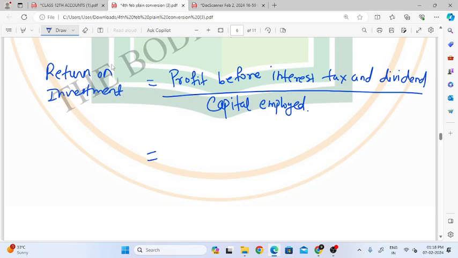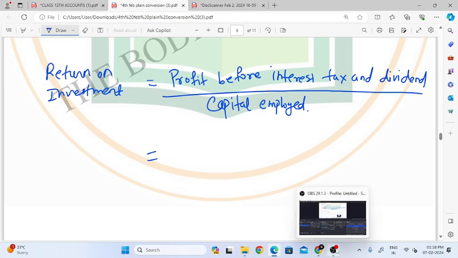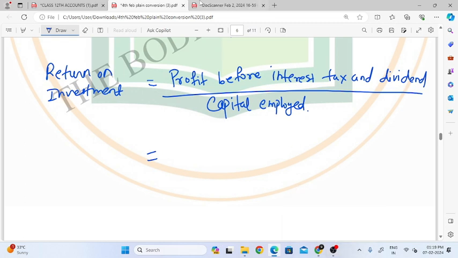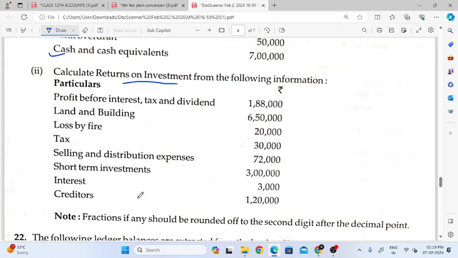So the formula is this: profit before interest, tax, and dividend divided by capital employed. So here we have to find out how much is the profit before interest, tax, and dividend. It is already given as 1,88,000.